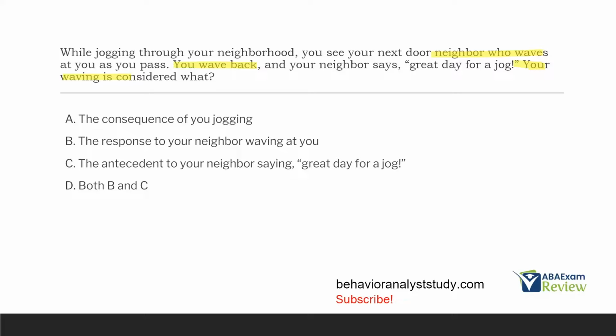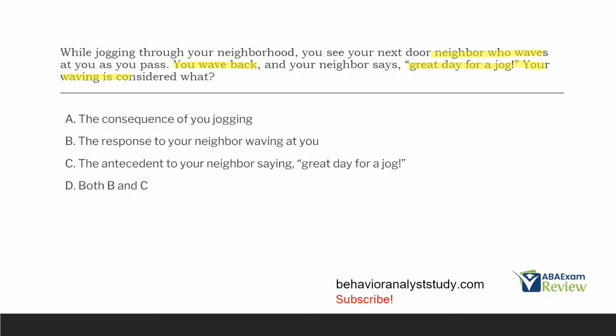And then the neighbor's waving is a response to you running, so you waving back is a consequence from the neighbor's perspective, and you waving back evokes your neighbor saying, "Great day for a jog." So you waving back serves three different things, depending on whose perspective. Your waving is considered a response in relation to neighbor waving at you as you pass. From the neighbor's perspective, you waving back is a consequence, and then you waving back is an antecedent for "Great day for a jog."